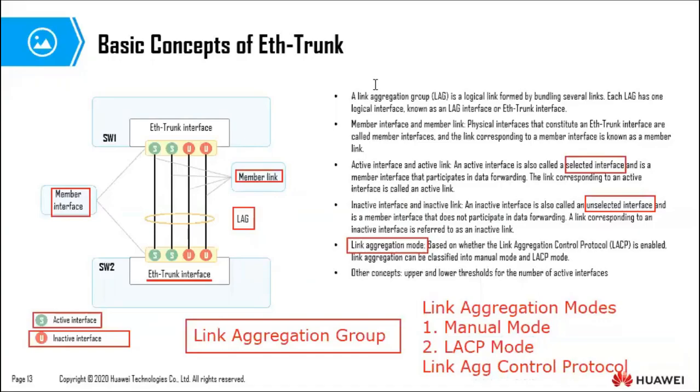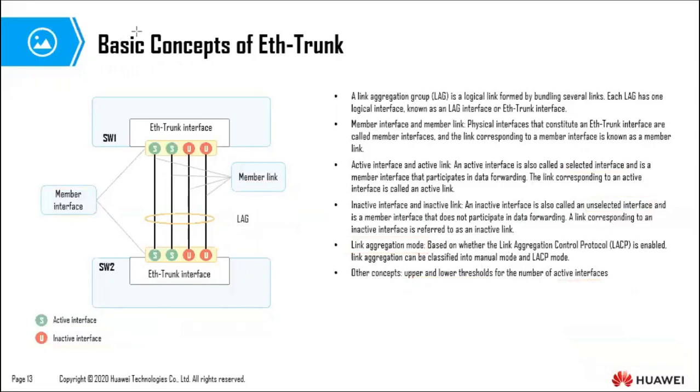Now, as we continue learning, we are going to see that sometimes an Ethernet trunk will have an upper and lower threshold number for active interfaces. Especially when you do the lab, there's a part where you're going to test that.